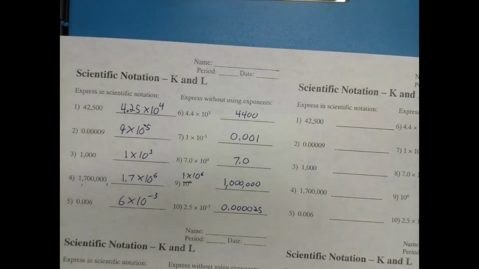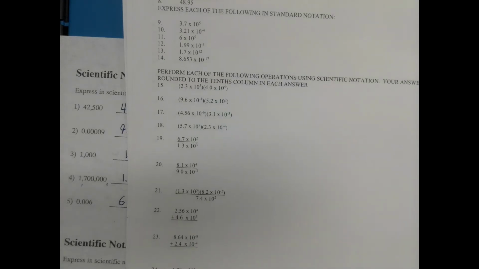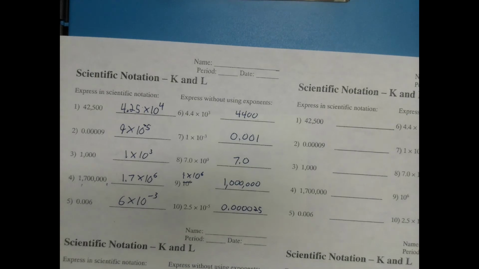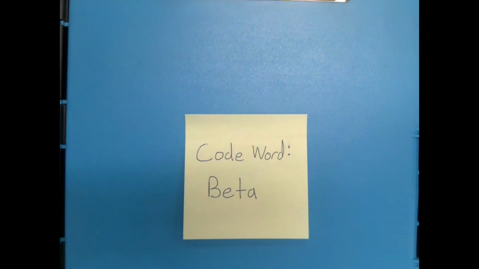I think it's straightforward. I'm not going to be too concerned with rounding and significant figures on 15 through 25. Any questions before I move on? All right, dimensional analysis.